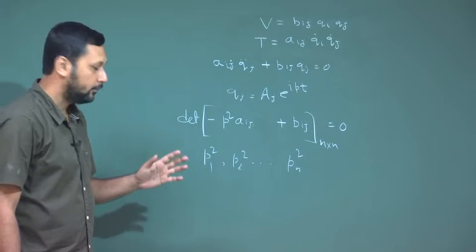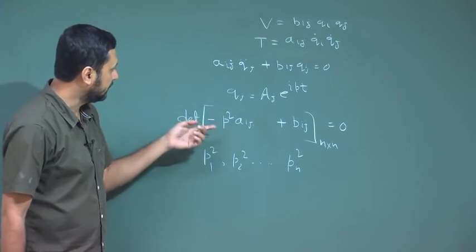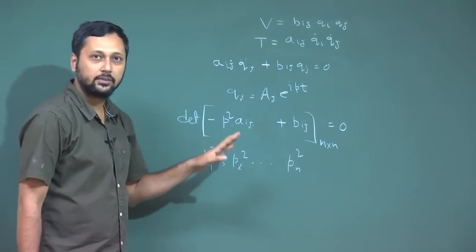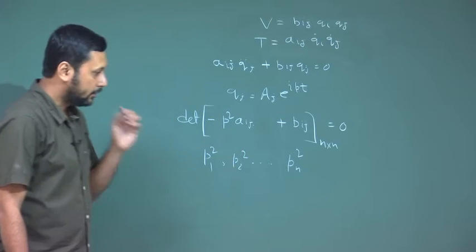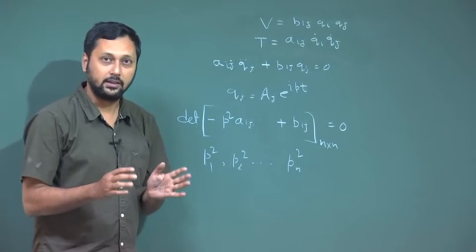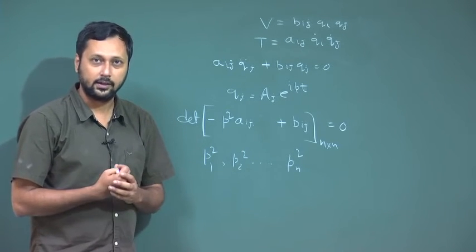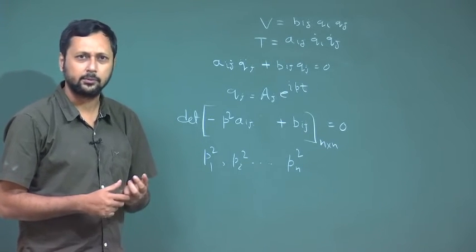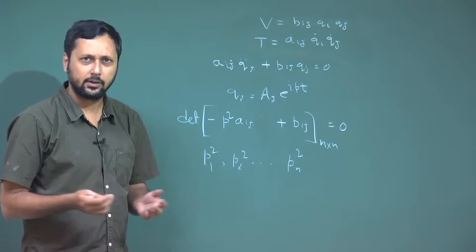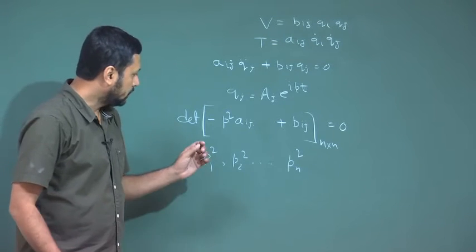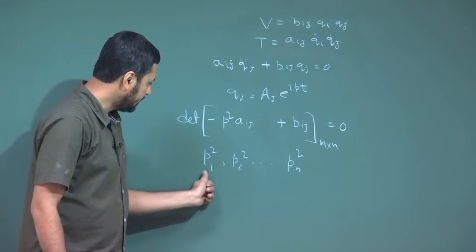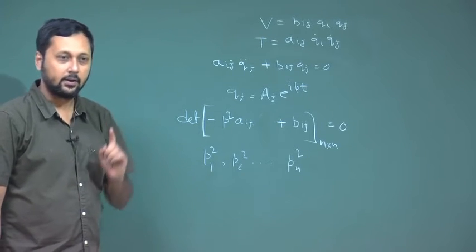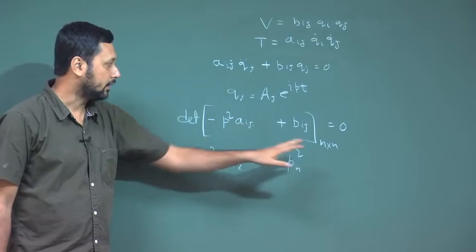This equation after substitution looks like an eigenvalue problem, which you have most probably already done in your mathematical methods courses. For each eigenvalue there is one distinct eigenvector.